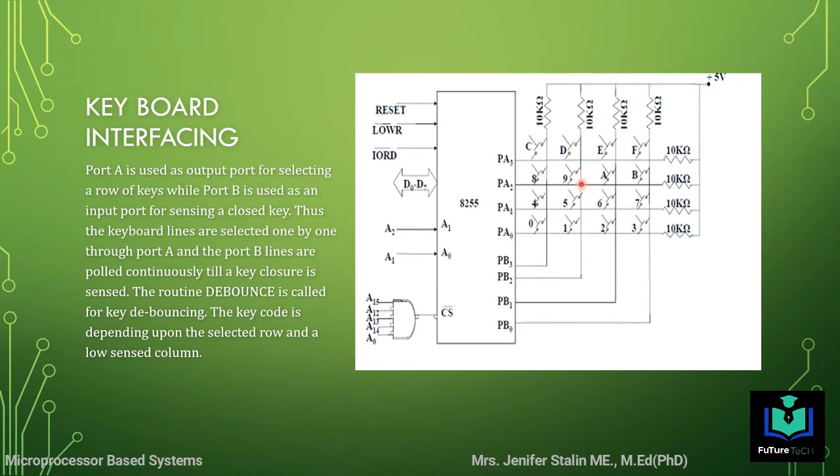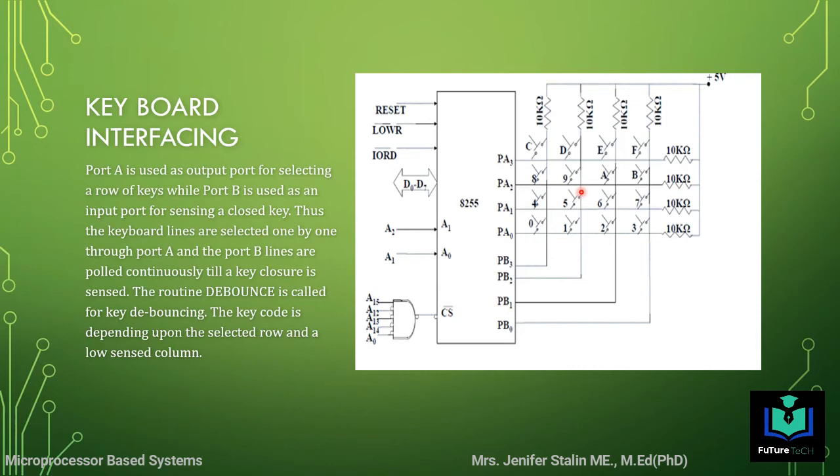This cannot be avoided, because the keys are hardware things. So in order to check for key debounce errors, we use two techniques, that is software debouncing as well as hardware debouncing.